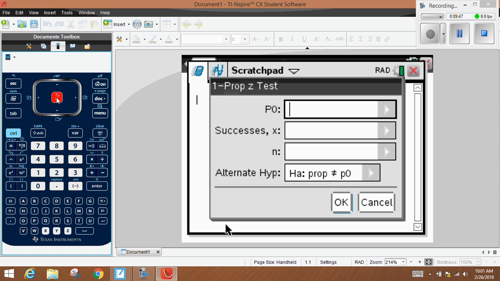Our p value is 0.301. So there were 68 successes out of 300 trials. And that's good. Our alternative hypothesis is good.